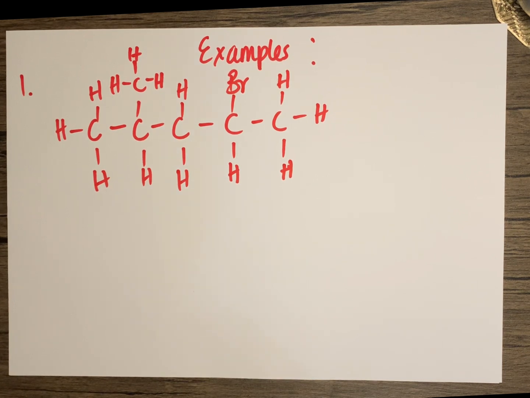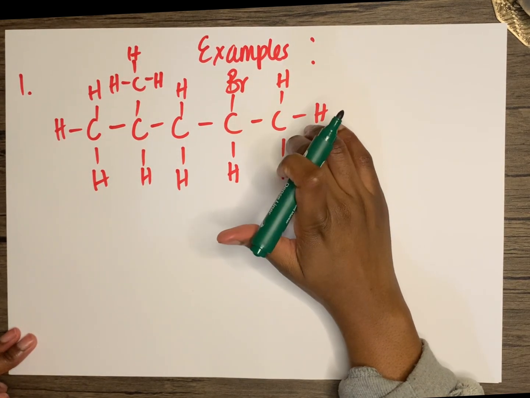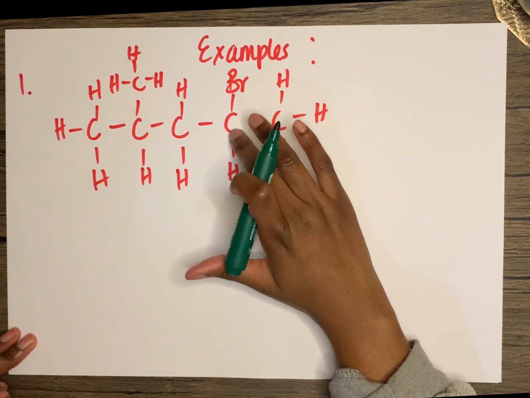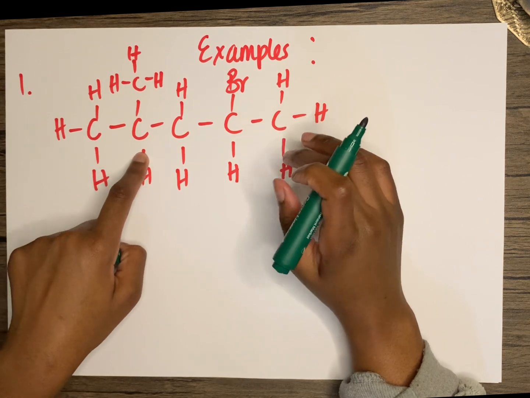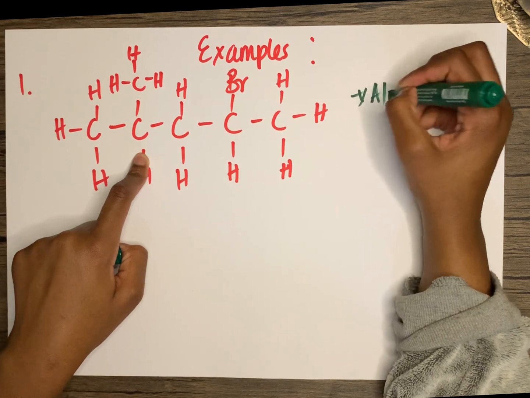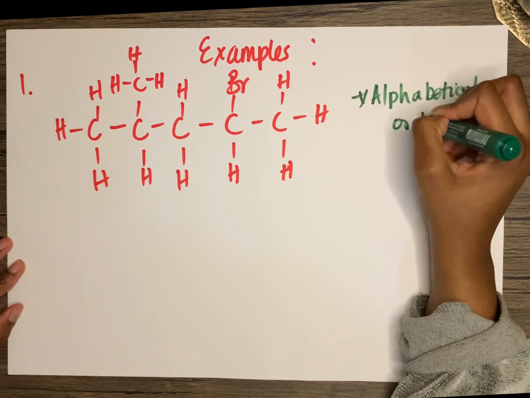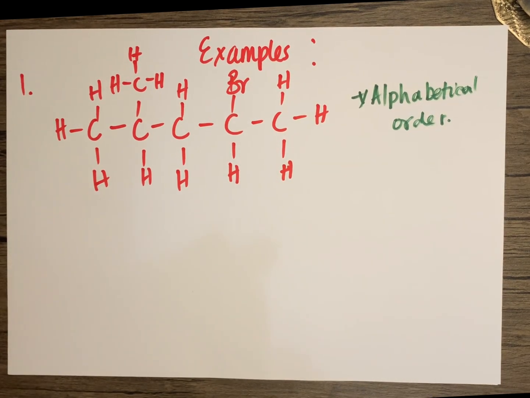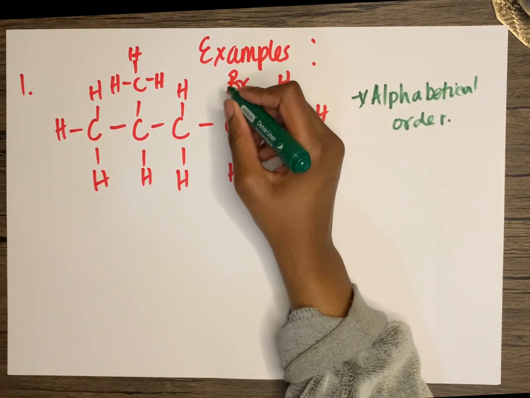Which one do you think it is for this example? As you can see, if I start numbering from the right, then my substituent is going to be in position 2. Same thing if I number from the left, which means I have to number according to alphabetical order, right? So I'm going to have to start numbering from the right, because B comes before M.